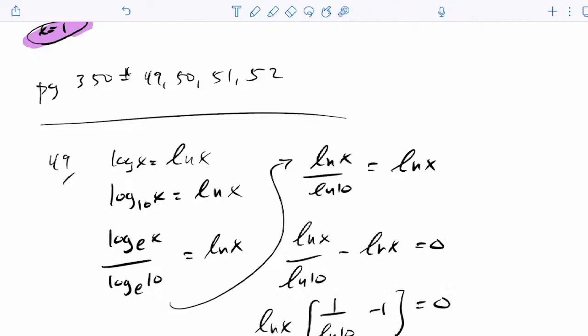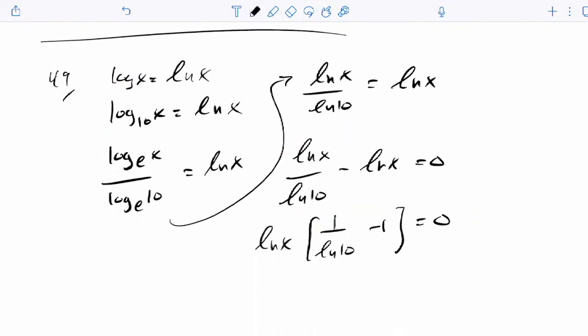So just bring everything to one side. I did a change of base, brought everything to one side, factored out the ln of x. I guess I could clean this up.